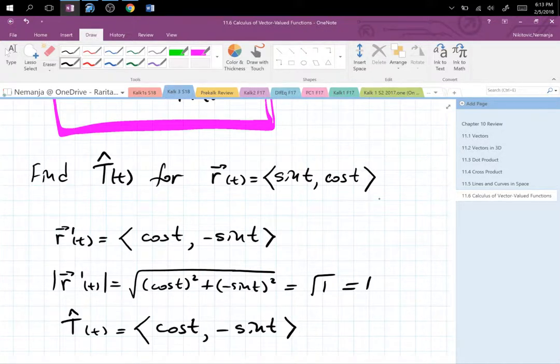And what kind of curve? Why semicircle? It's just a circle of radius 1. It's a unit circle.